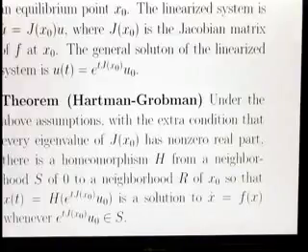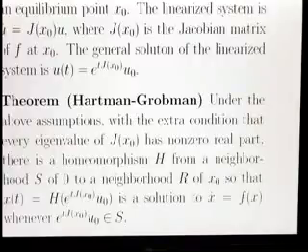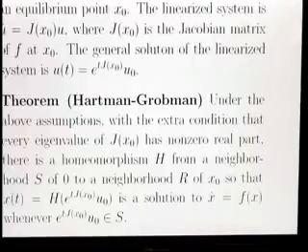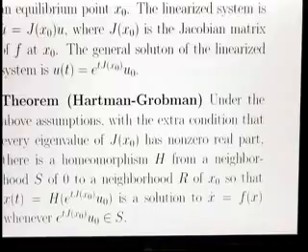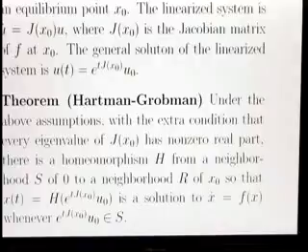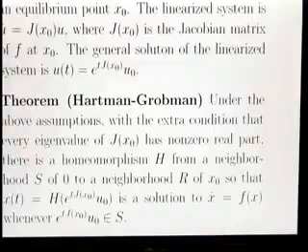So what Hartman-Grobman tells you is, assuming all of this, and assuming that no eigenvalue of the Jacobian matrix is 0, and no eigenvalue is pure imaginary, so that the equilibrium point is so-called hyperbolic, then there's a homeomorphism h from a neighborhood of 0, thought of as the equilibrium point for the linearized system, to a neighborhood of x naught, thought of as the equilibrium point for the nonlinear system, such that h takes trajectories, or if you like, parametrized orbits for the linear system to the nonlinear system.